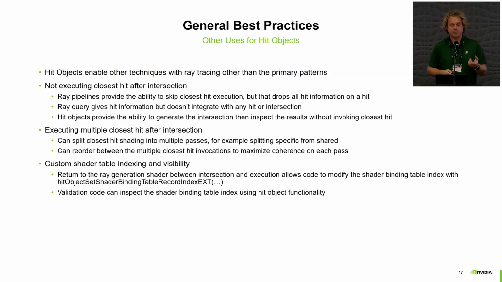This also gives the ability to do custom shader table indexing and visibility. Visibility in particular into Ray Pipeline shader binding table indexing has been a big issue. And so I suspect that for some people, this will actually be a major use case: just the ability to see, before calling into it, what the indexing is and what it returned for the shader hit group.